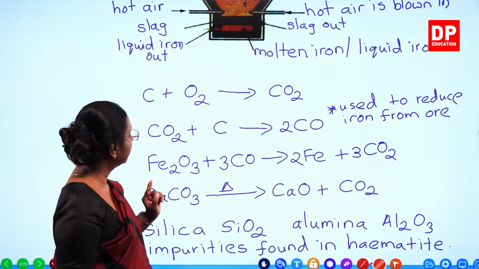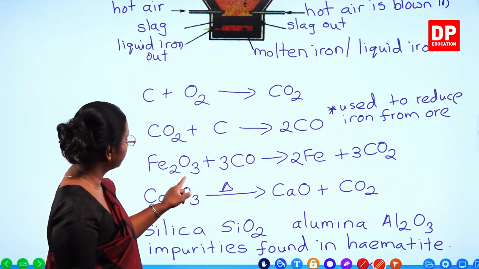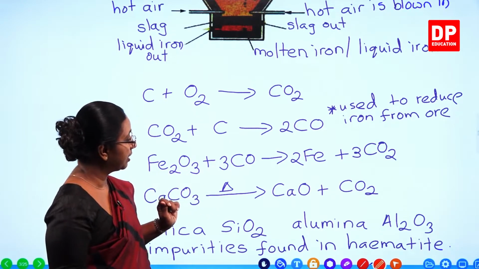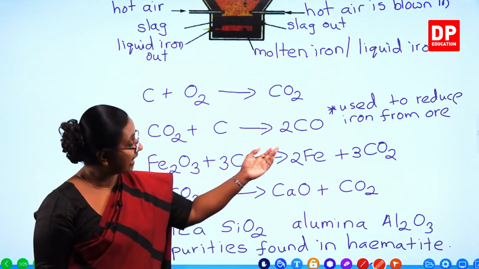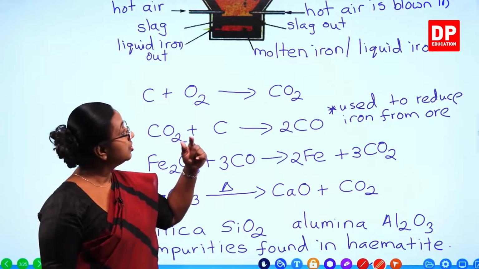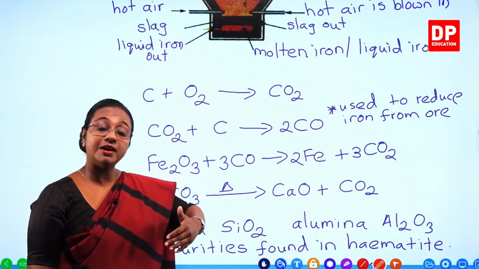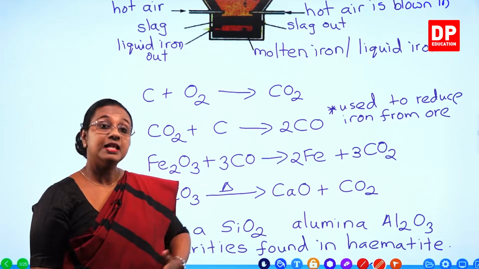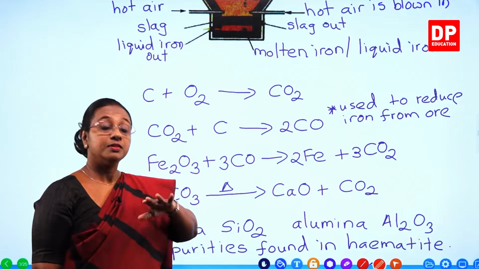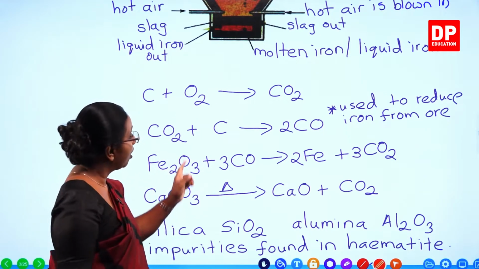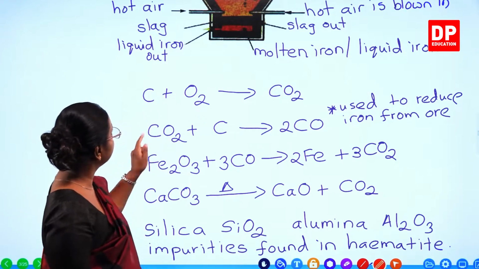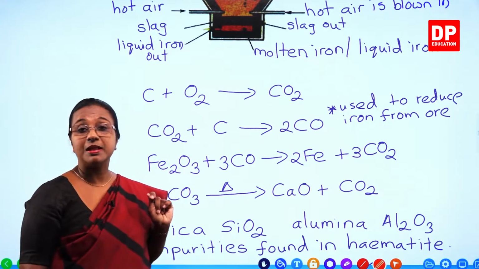Then we have the iron ore, Fe2O3 hematite, reacting with carbon monoxide, giving iron and releasing carbon dioxide. So this carbon dioxide is one of the waste gases that will go up through the outlet at the top, or else it can even react again with carbon.